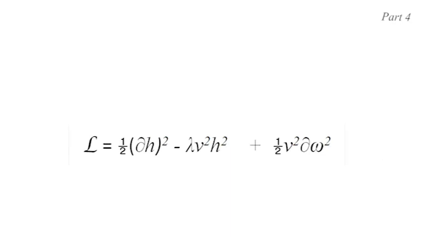Once again, this clearly shows the existence of the two fields, two distinct derivative terms, one in h and one in omega. This time, however, the Higgs field expressed by the field h has a real mass, signified by the negative field squared term, the one in h squared. And also the Goldstone boson of the field omega, once again, has no mass term.